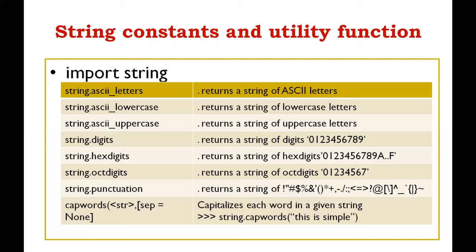That is, if I enter a character within the range 0 to 9, it is going to identify it as a digit. string.hexdigits is going to check whether the entered character is hexadecimal or not. string.octdigits is going to check whether it is within 0 to 7, and string.punctuation is the last string constant, which returns the possible special characters, shown here.